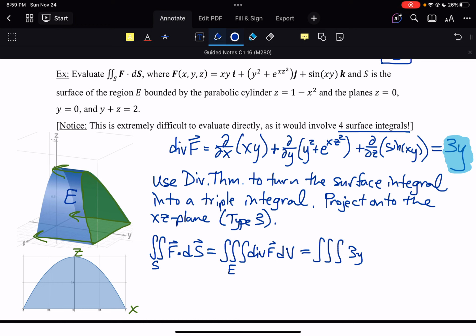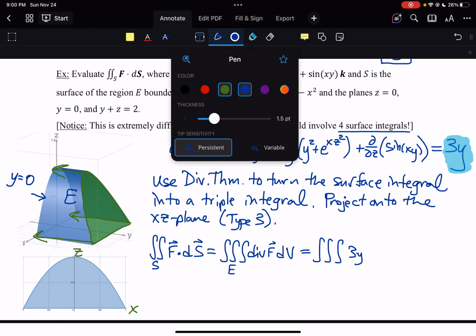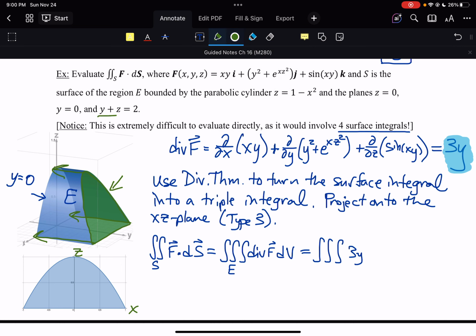And now to set up the triple integral, the 3D portion is going between the XZ plane, so that would be y equals 0, and this surface out here, that's y plus z equals 2, which, if we are consistent, would be y equals 2 minus z for that outer surface. So we're going to do dy with y going from 0 to 2 minus z.